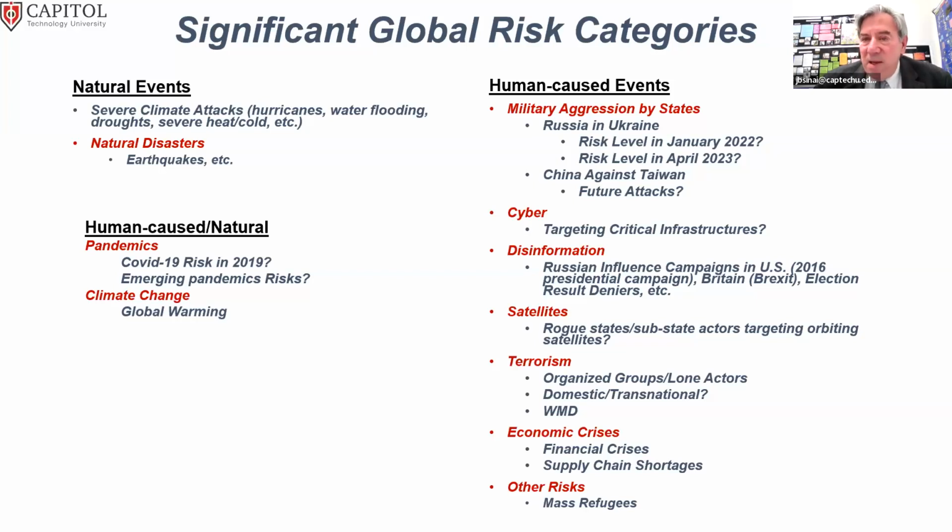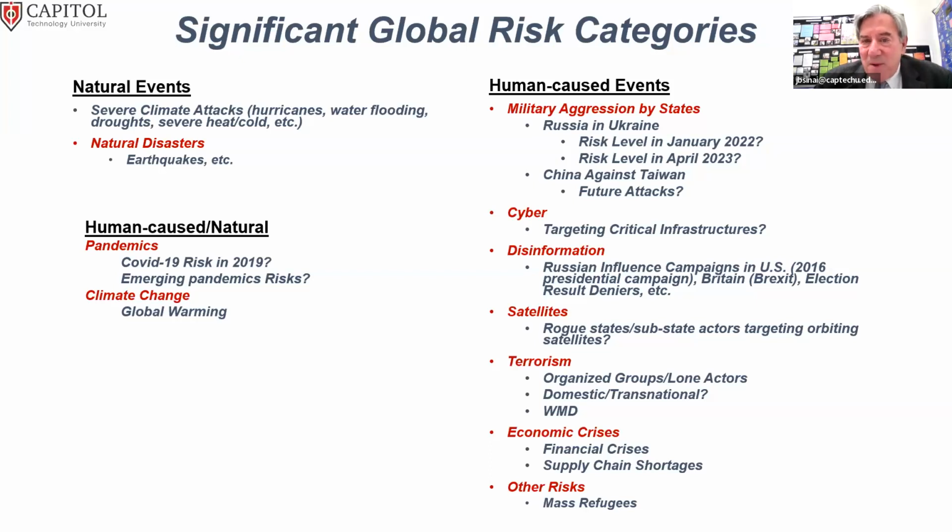Did anyone forecast that the war would still be ongoing to this day? And what is the risk level currently that is being anticipated? And now everyone is concerned about the risk of China invading Taiwan in terms of future attacks. Are there other military aggression type risks that we should anticipate?